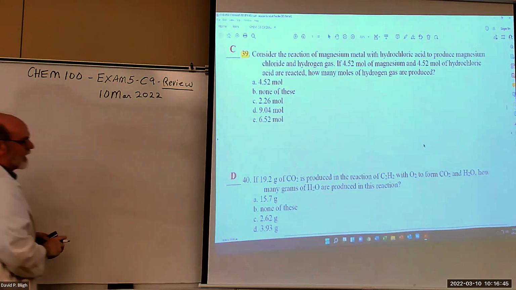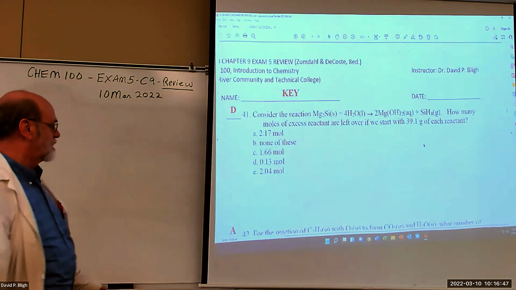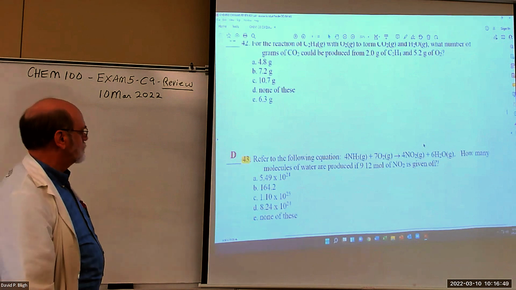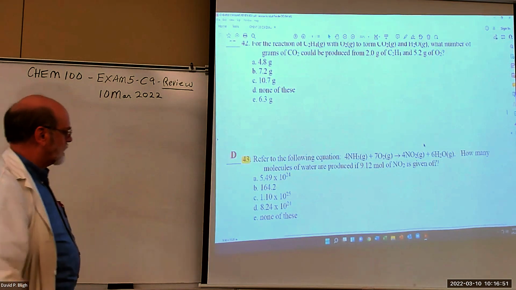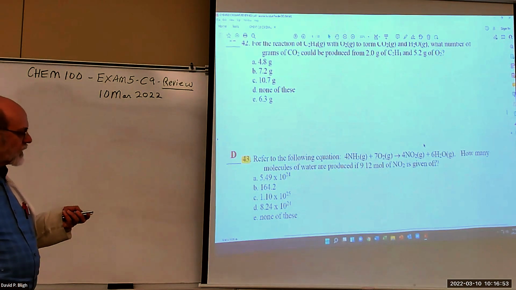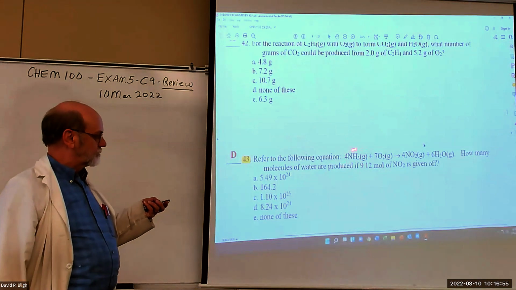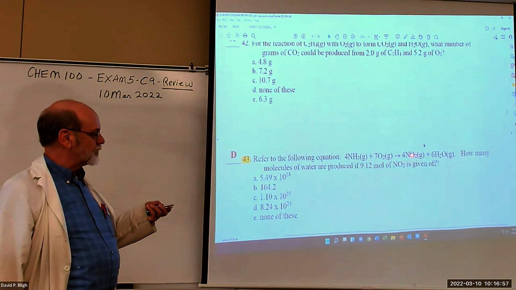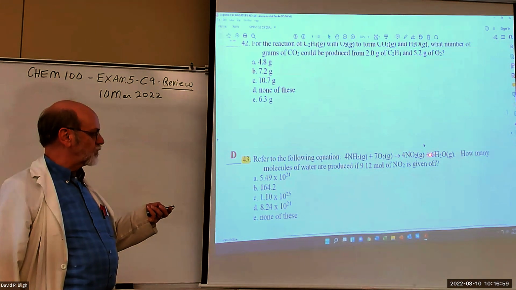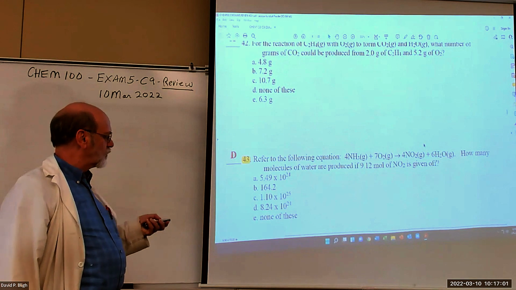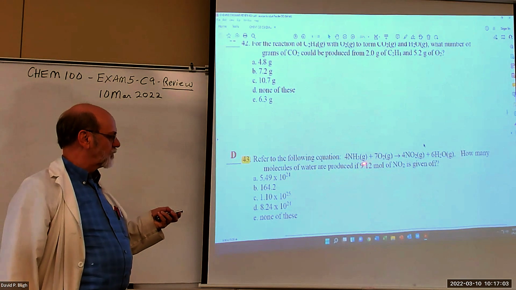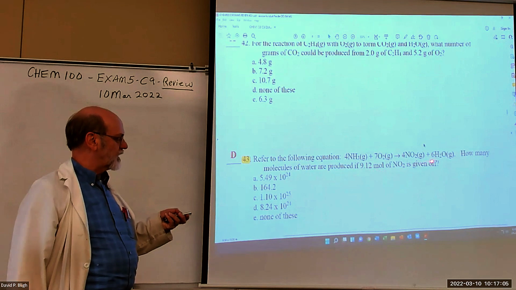That's 39. Let's see. Oops, too far. Yep, we got that one. So for this following equation, we're going to burn ammonia and produce nitrogen dioxide and water. How many moles of water are produced from 9.12 moles of nitrogen dioxide?